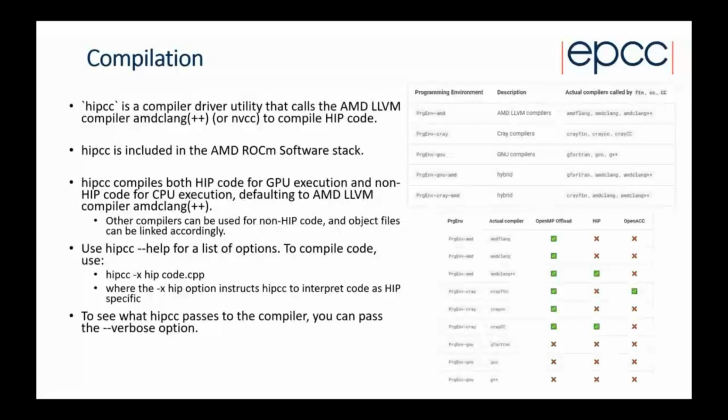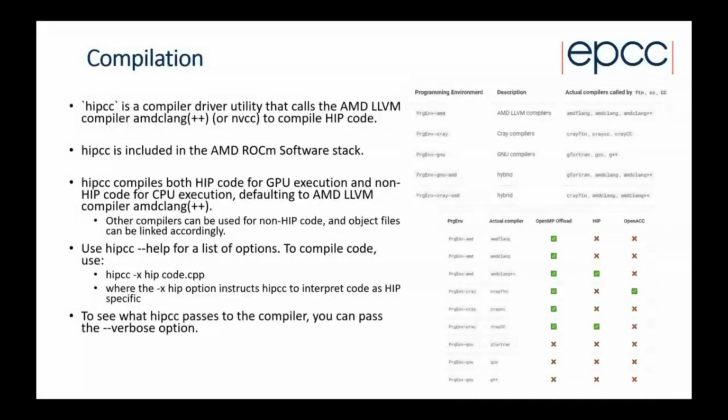On Archer 2 specifically, we have a number of different programming environments and compilers available that are able to compile code for the HIP device. You can find these two tables in the documentation on the Archer 2 docs around GPUs.